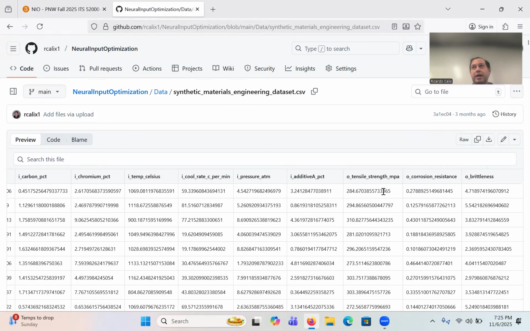And so you train the model, given inputs to predict outputs. Then your question is, well, I want a material with a tensile strength over 300 and a corrosion rate of between 0.12 and 0.18 for whatever reason, and a brittleness of 4 or above. Do you see that? And given those constraints, the outputs, what is the input that I need?